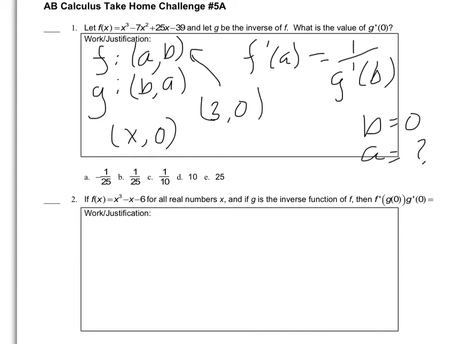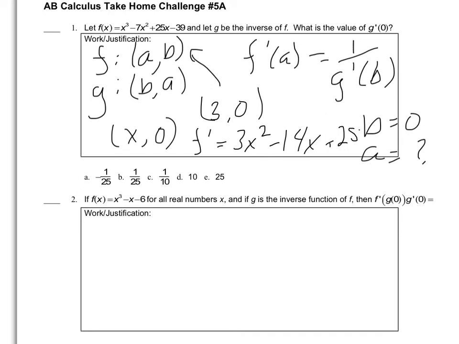If the point is 3, 0, I can find the slope at 3 in the original function, and it should be the reciprocal of the slope at 0 in the inverse function. So let's find f prime: 3x squared minus 14x plus 25.